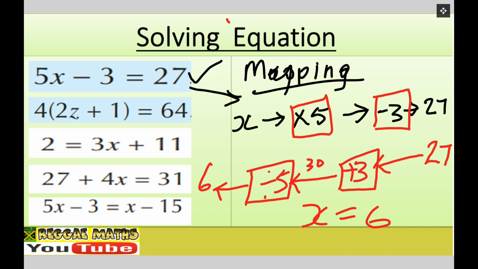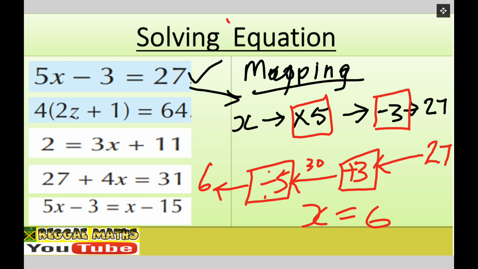You have x times by 5, take 3 equals 27. Inverse, so going in the opposite direction, you have 27, add 3 is 30, then divide by 5, x equals 6.